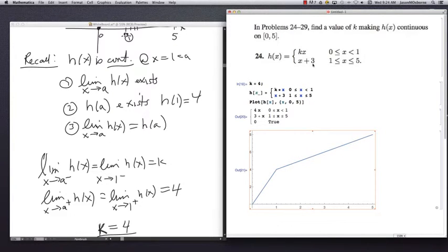So most of the time you'll have to pay special attention to this point where the functions switch. In this case, at x is equal to 1, the function switches from kx to x plus 3. So that should be a good example to get you started on continuity. Here's the definition of what it means to be a continuous function, and you can move on from there.